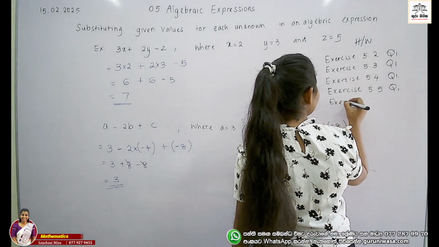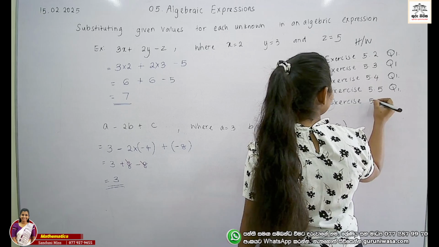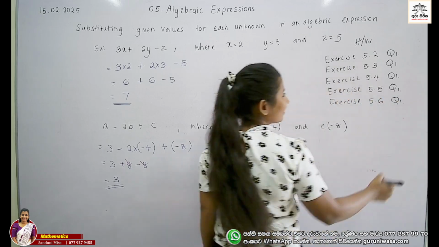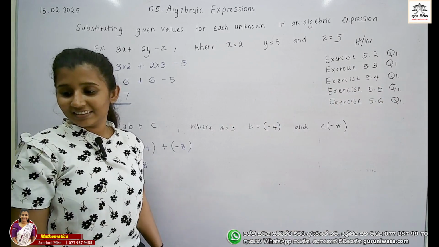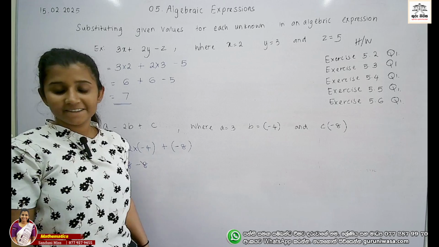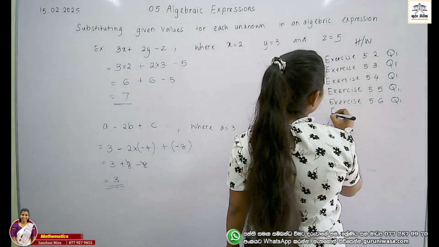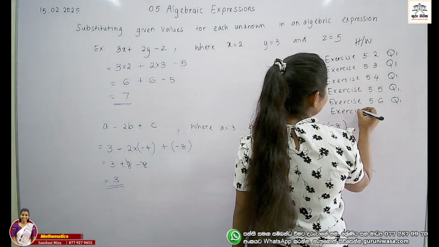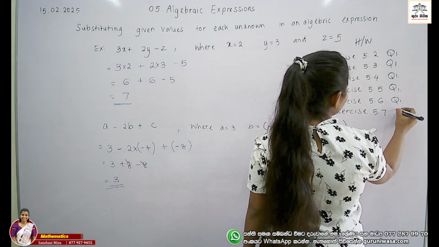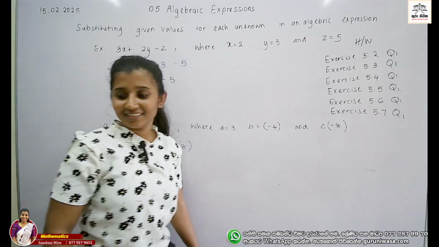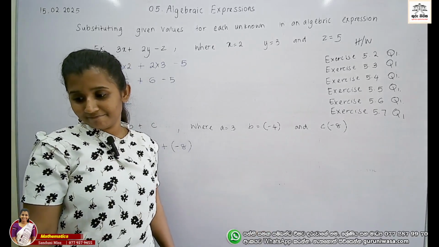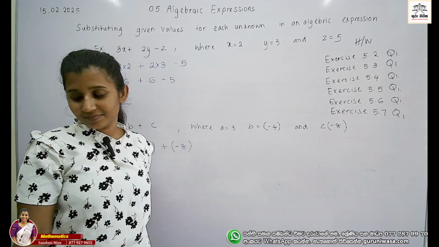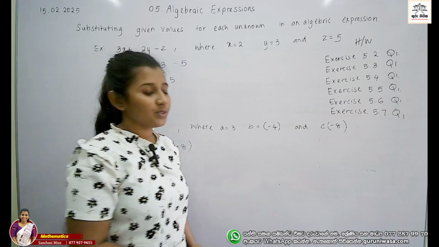So many exercises are there. Only the question number 1 I'm giving. 5.7 also there. I have only a few sums inside one question. 5.8 also a question.